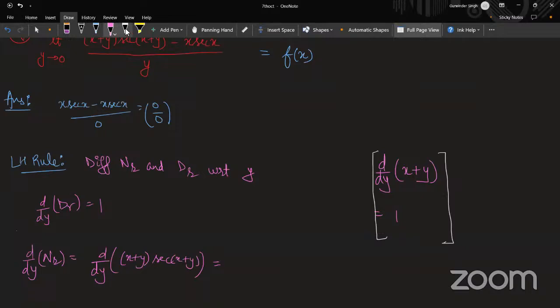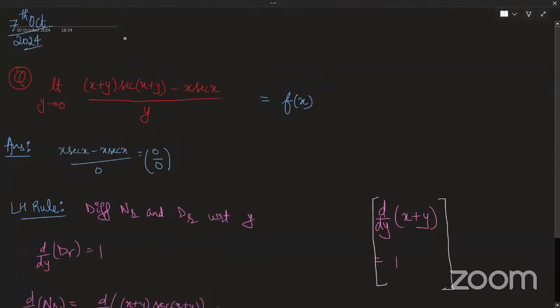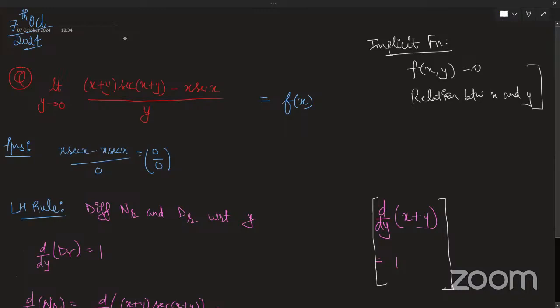See, just listen to what I'm saying. Earlier, when we used to have an implicit function, you were given an equation that had both x and y terms on one side, so it basically had a relation between x and y.